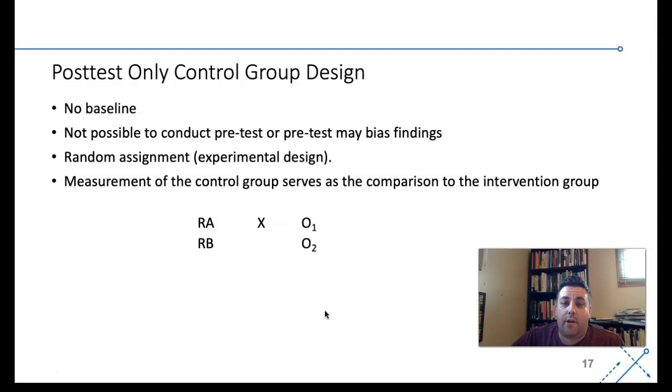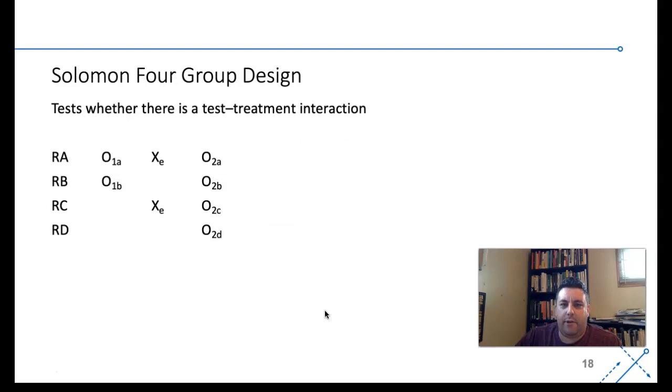So you would use a post-test only control group design when you're concerned about the effect of the pre-test causing a change. This is typically considered a weaker design because you don't have that pre-test. But again, you do use that when you're worried about the effect of the pre-test.